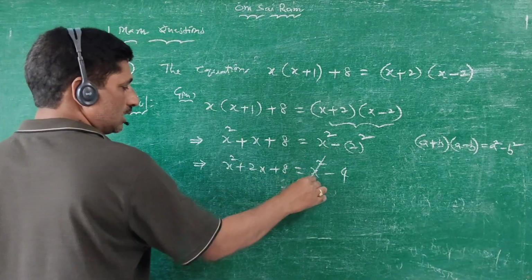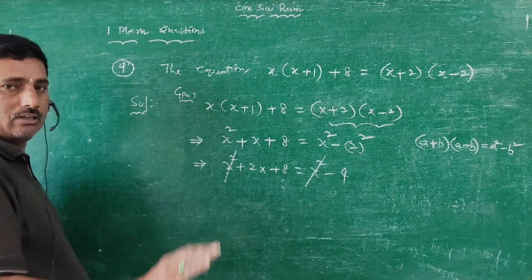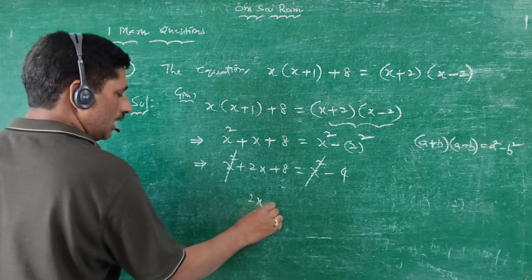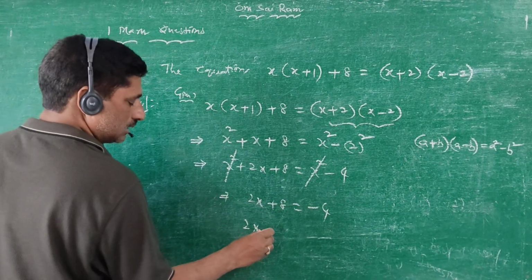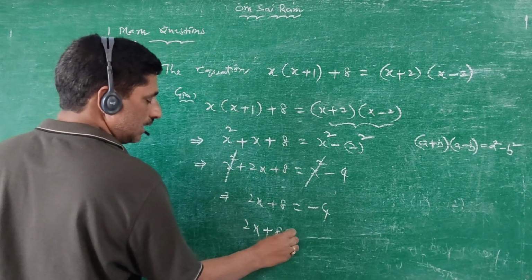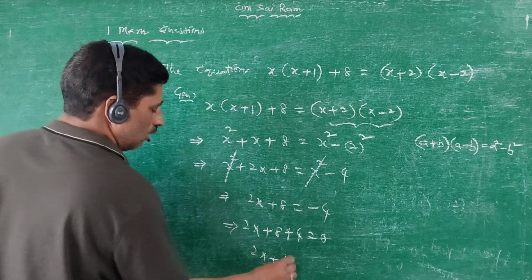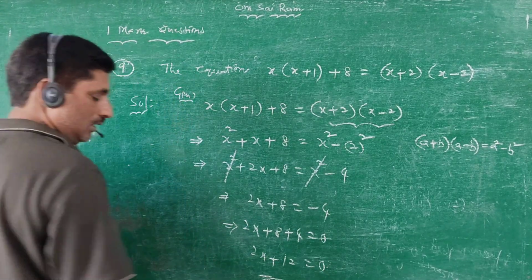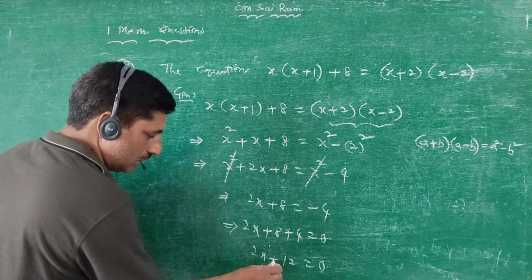So the x square term on the right side and the left side of the equation gets cancelled. Then what remains is 2x plus 8 is equal to minus 4. Then if this minus 4 is transposed to the left side, it will be plus 4, equal to 0. Then 2x plus 12 is equal to 0. This is a linear equation, where these are the coefficients.